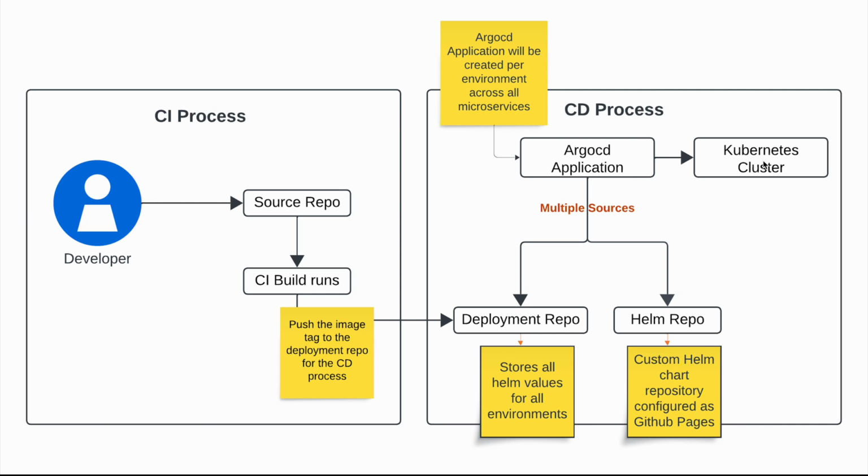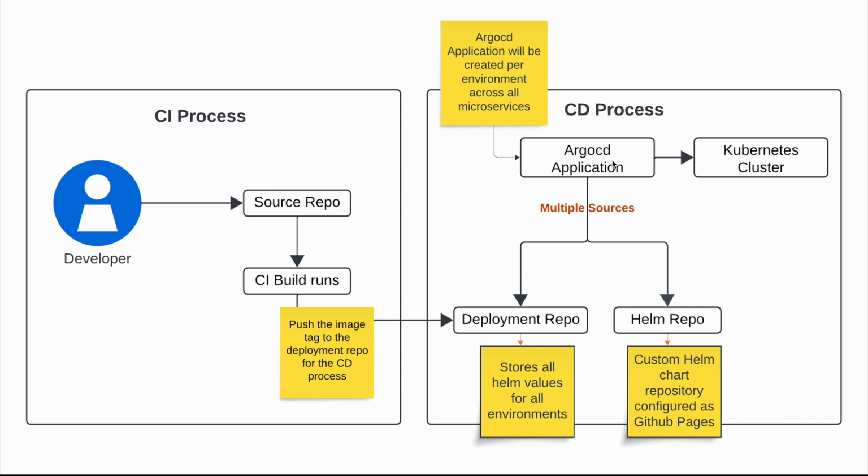So now let's start the next part, which is the CD process. Because the CI process, we already have the image that we can just use. So we have to create the application first, right? I mean, the first part is you have to create an Argo CD application to start with. So we will start with that process.